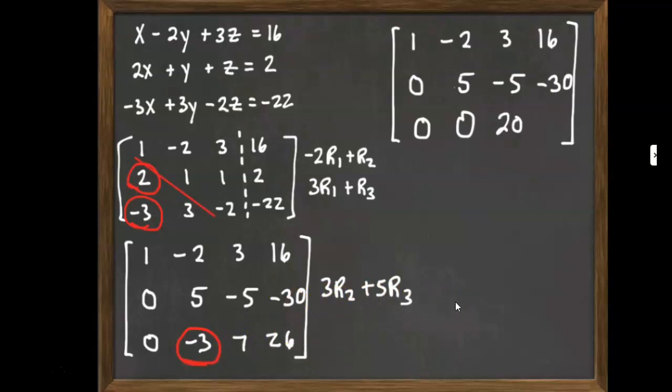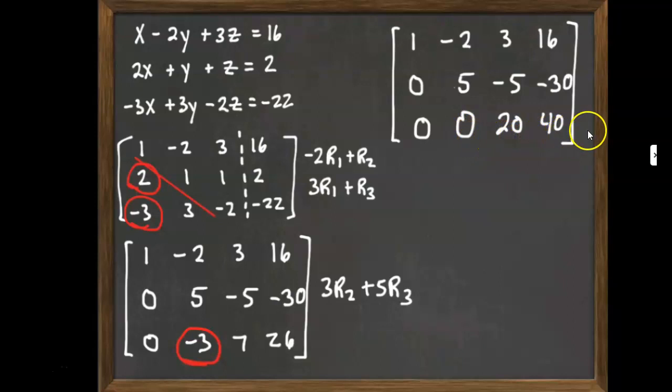Minus 15 and 35 will be 20. And then 3 times minus 30 will be negative 90. 5 times 26 will be 130. Negative 90 and 130 gives us a positive 40. And so now we've put our matrix into its reduced form. We've zeroed everything below the main diagonal out. So now we're ready to solve.